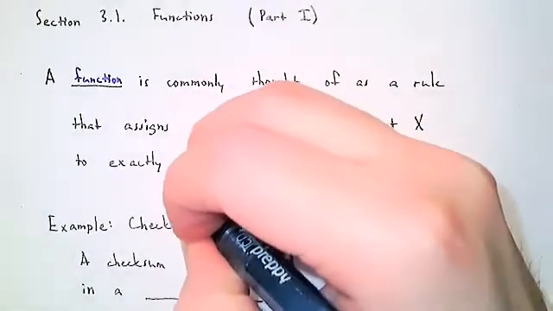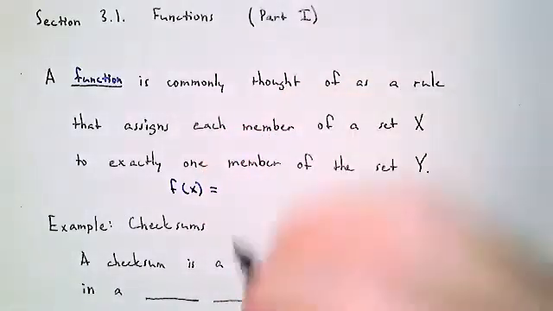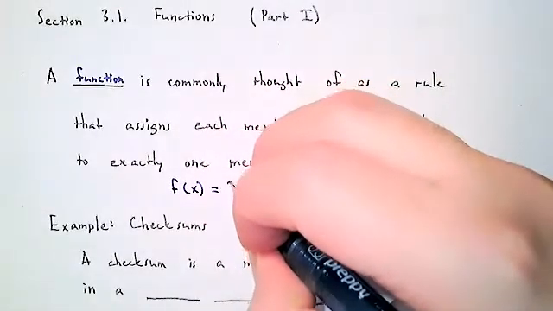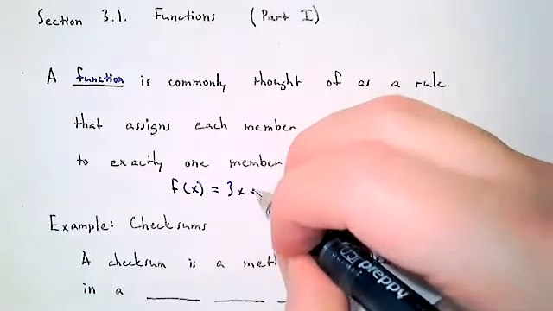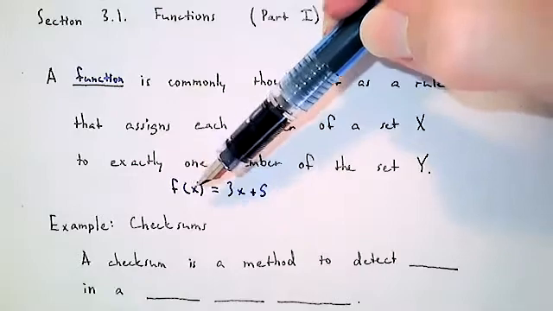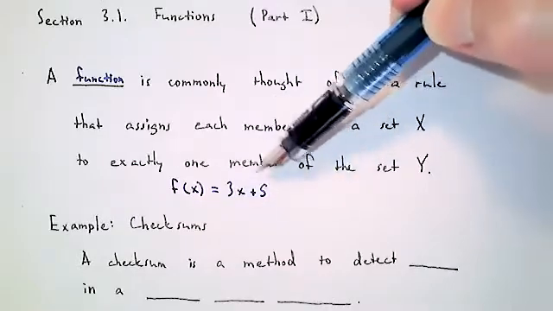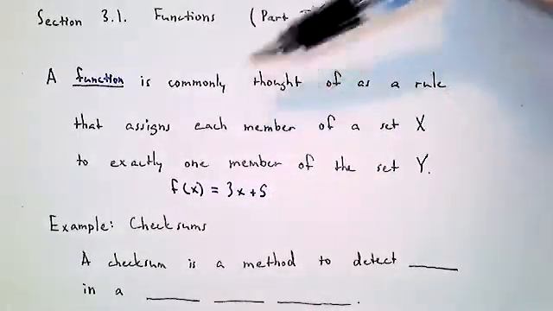You probably thought of something like a linear function, let's say 3x + 5. So it's a rule that tells you what to do with this number. So x is your input and this is your output. That's what I mean by this.